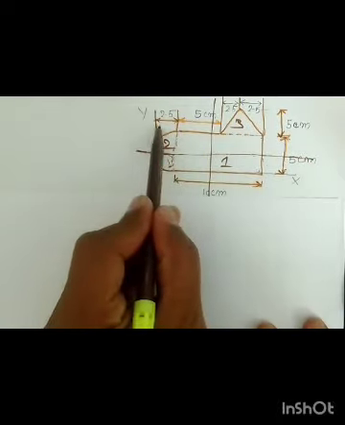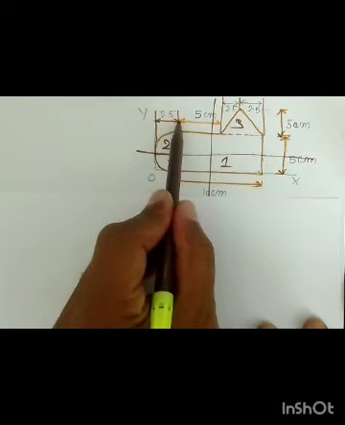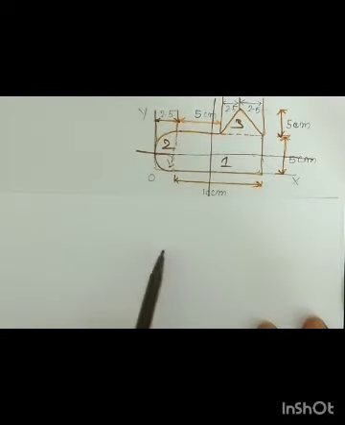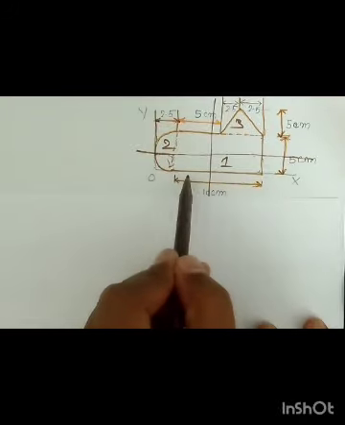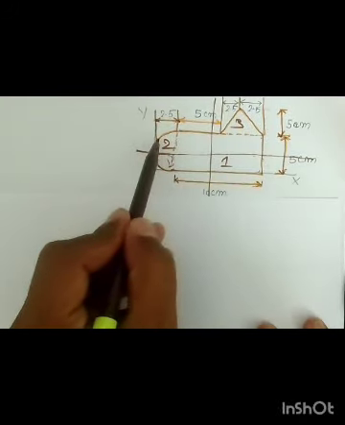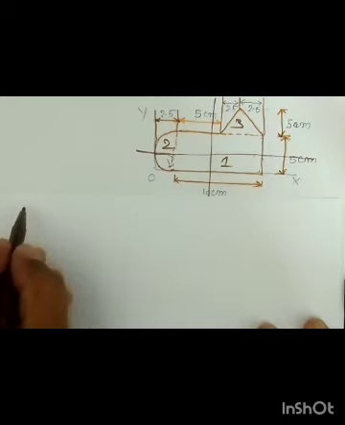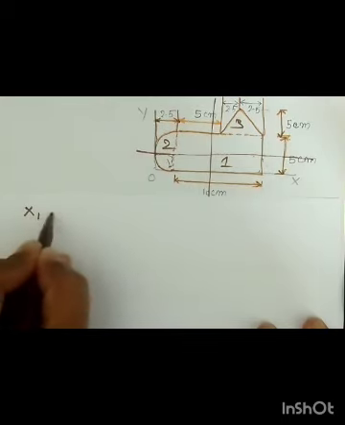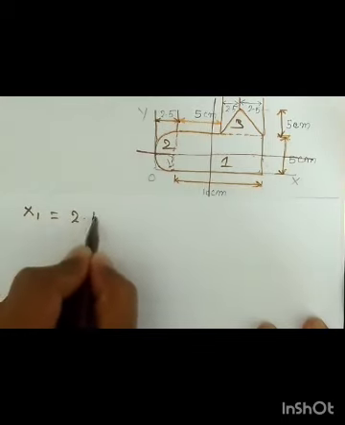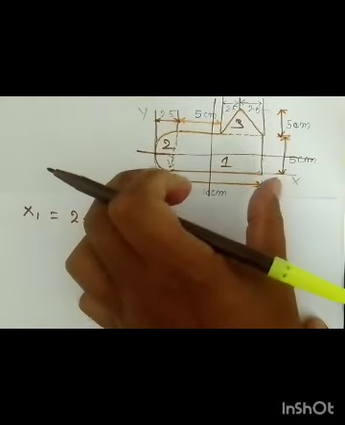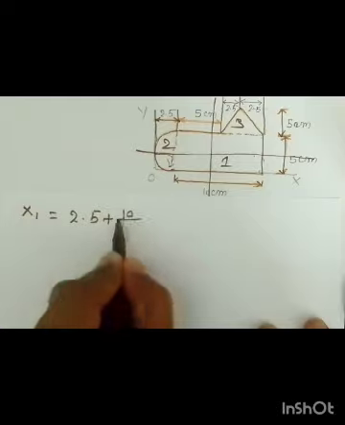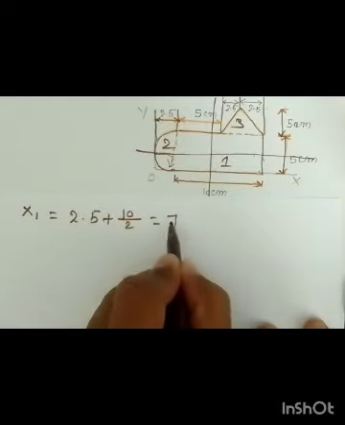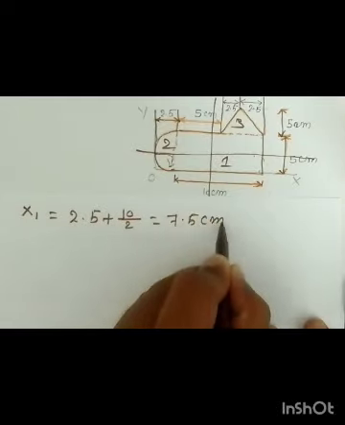If you observe, the rectangle is located at a distance of 2.5 from the OY axis. So when you have to find the centroid of the rectangle, you need to add this distance, right? So x1 is equal to 2.5 plus the rectangle x coordinate, which is half of the length, 10 by 2. It means it is 7.5 centimeter.